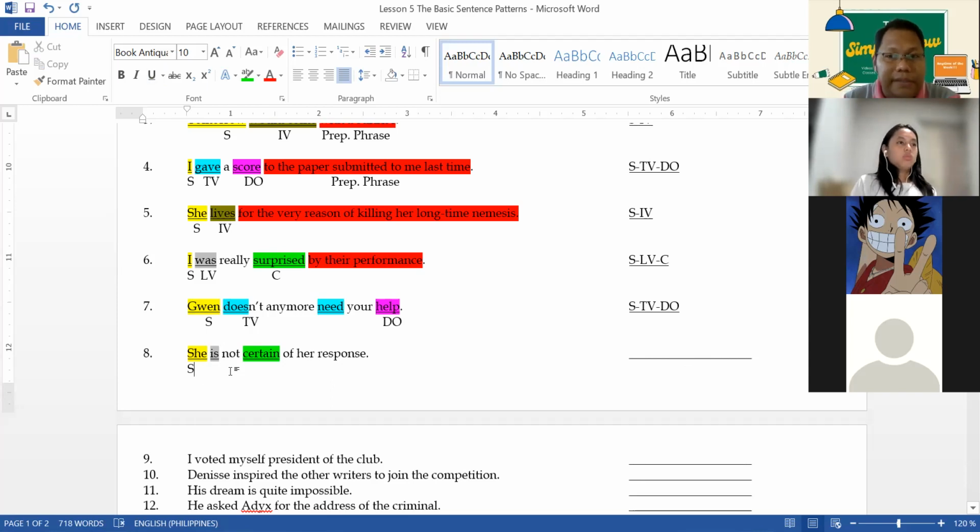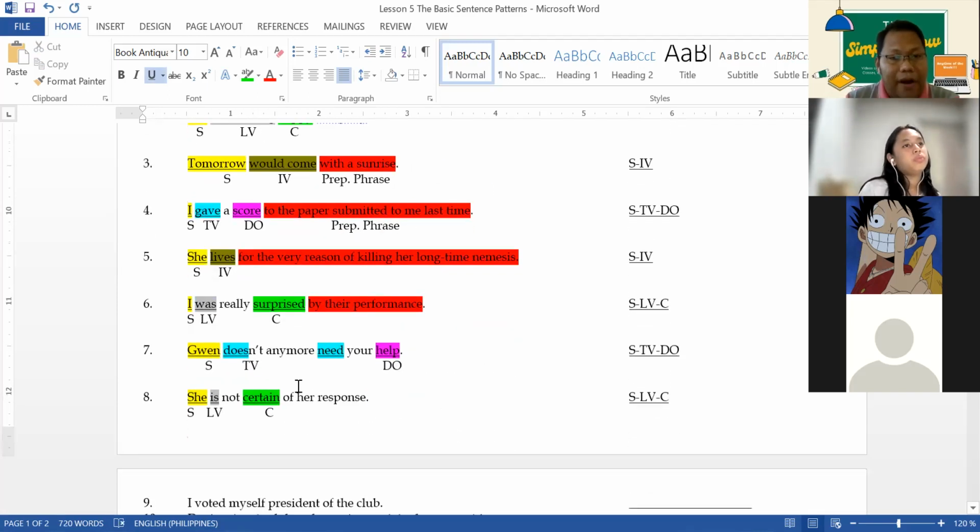Can the one who is not certain be the person represented by the pronoun she? For these two questions, our answer is yes. So certain is indeed a complement, and that means that your verb is a linking verb. There. And sentence pattern is SLV.